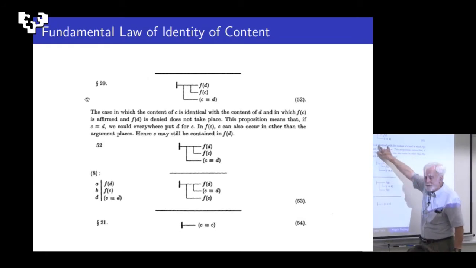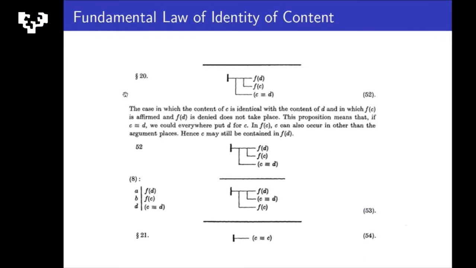It has a relation of identity, for which he uses the word identical, to the content of D. So it makes sense. He's explaining the 3 bars in terms of identity.